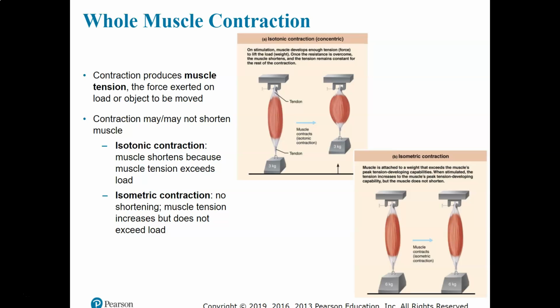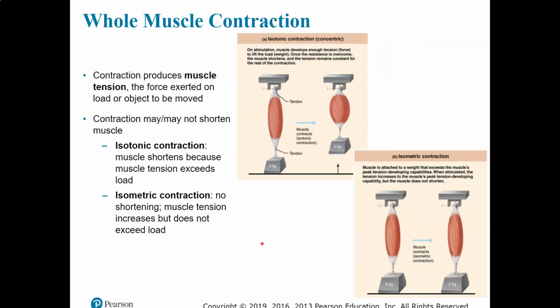If the muscle tension exceeds the force of the load or object to be moved, then the muscle actually shortens, and we call that isotonic contraction. This is also called concentric contraction. So in this case, our muscle actually shortens, and we actually move our load.